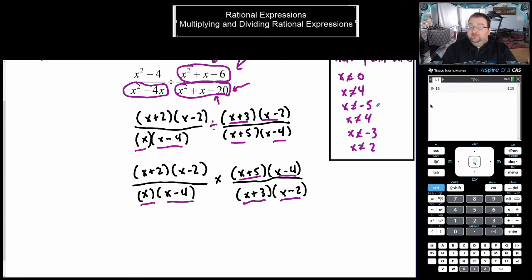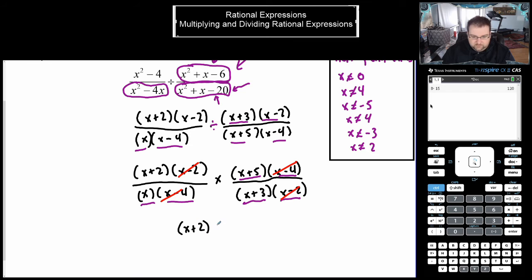Let's cancel out like terms. So now that we've multiplied by the reciprocal, we can start getting rid of things, right? We have an x minus 2 on the top and x minus 2 on the bottom, an x minus 4 on the bottom and x minus 4 on the top. Can we cancel anything else out? Doesn't look like it. So now we're kind of stuck. What are we left with?